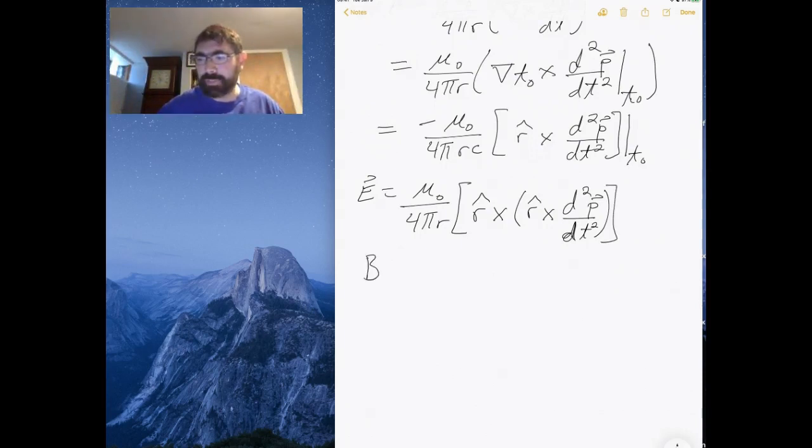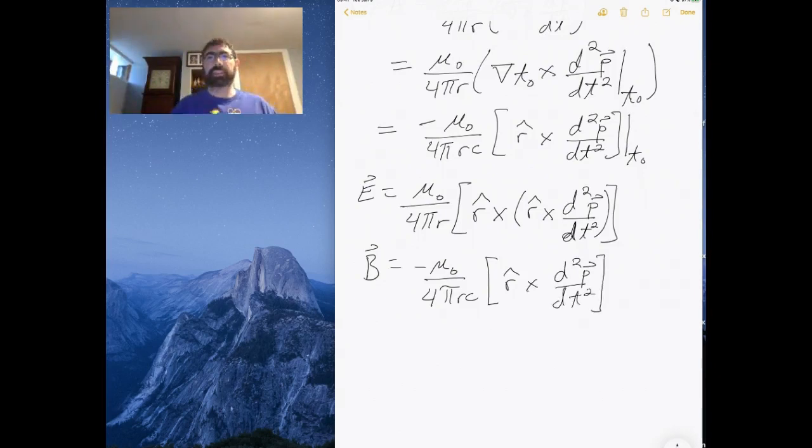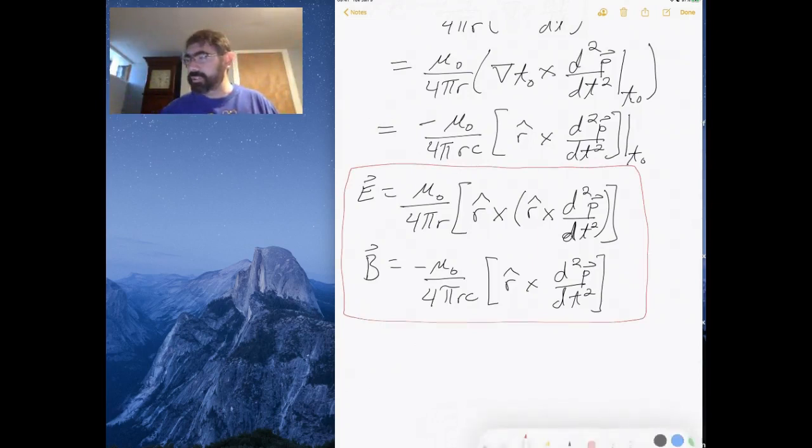For the magnetic field, I get minus mu 0 over 4 pi rc, r hat curled into the second derivative of the electric dipole moment. Okay, so in the end, this is our answer right here. These two equations now give us the radiation, they give us the electric and magnetic fields for an arbitrary source.